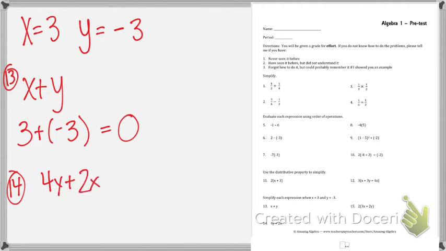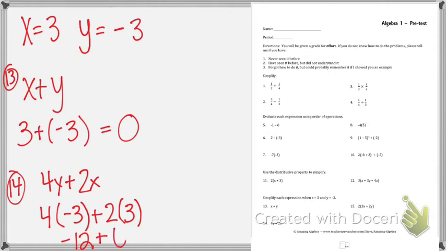So there should be 2 sets of parentheses on this problem on your paper. 4 times negative 3 plus 2 times positive 3. 4 times negative 3 is negative 12 plus 2 times 3, which is 6. Then we just simplify. Negative 12 plus 6 is a negative 6. Okay.